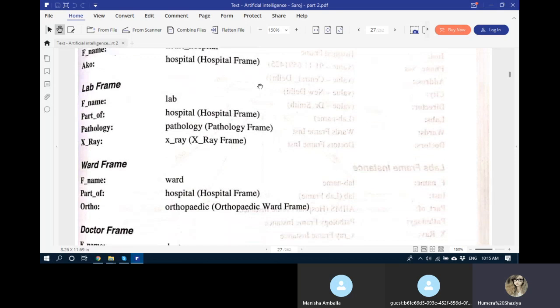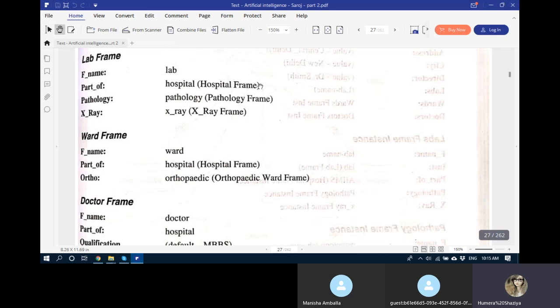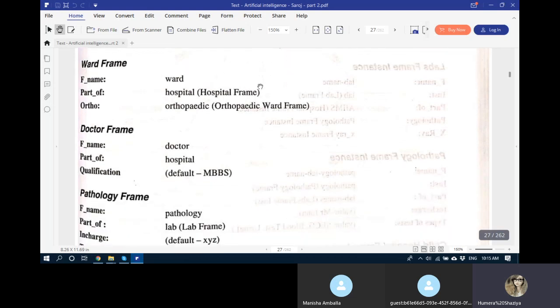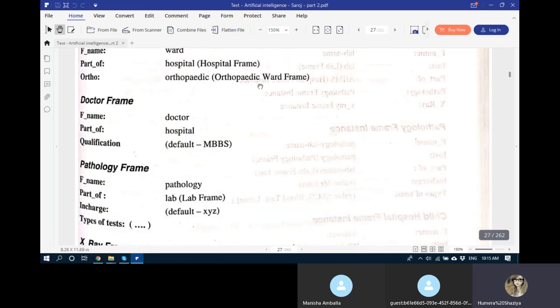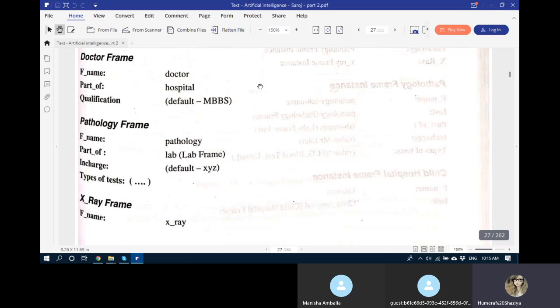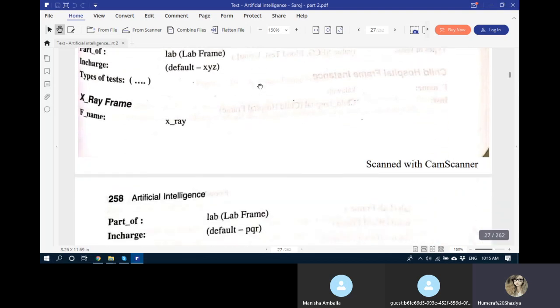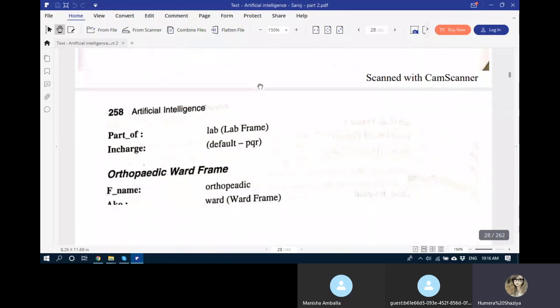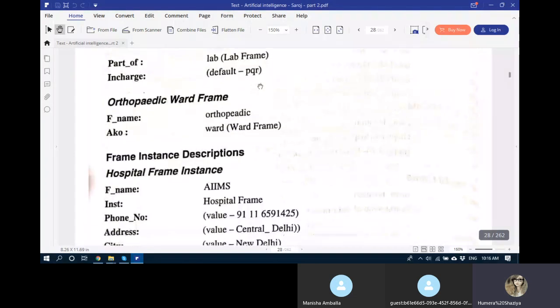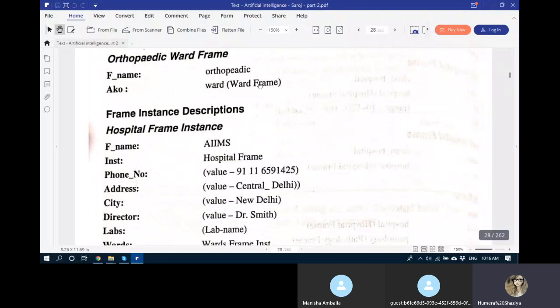Labs are also part of a hospital. Wards are part of a hospital, and doctors are also part of hospitals. Pathology is also part of a hospital. X-rays are also part of a hospital. Orthopedic ward is a kind of hospital, like an instance.